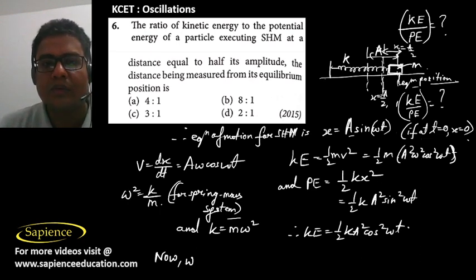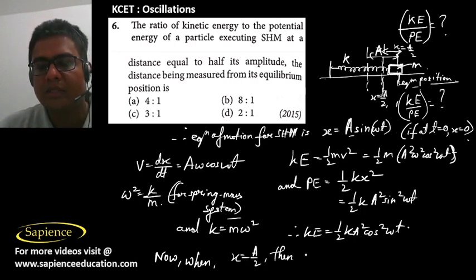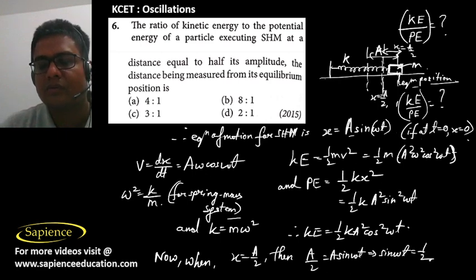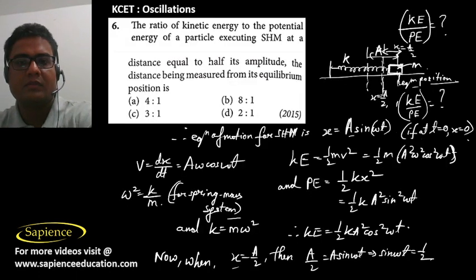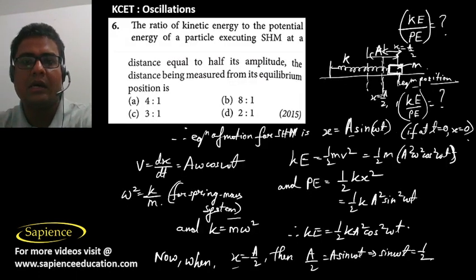Now when the distance is equal to half its amplitude, when x is equal to A by 2, then we can say that A by 2 will be equal to A sine omega t. So then sine omega t should be equal to half, when the distance is equal to half of its amplitude from the equilibrium position.